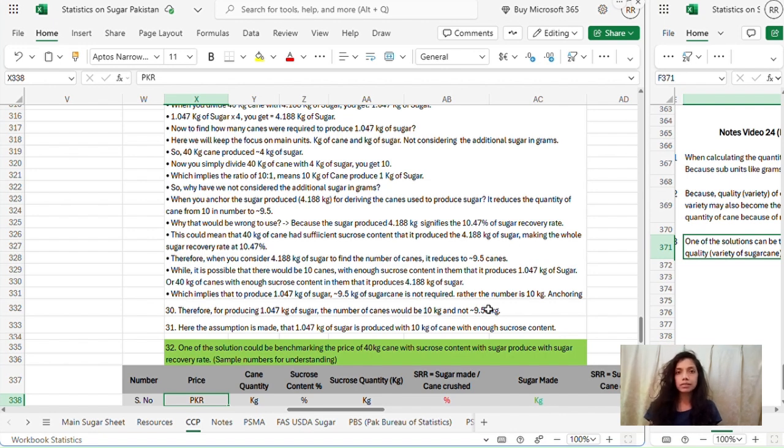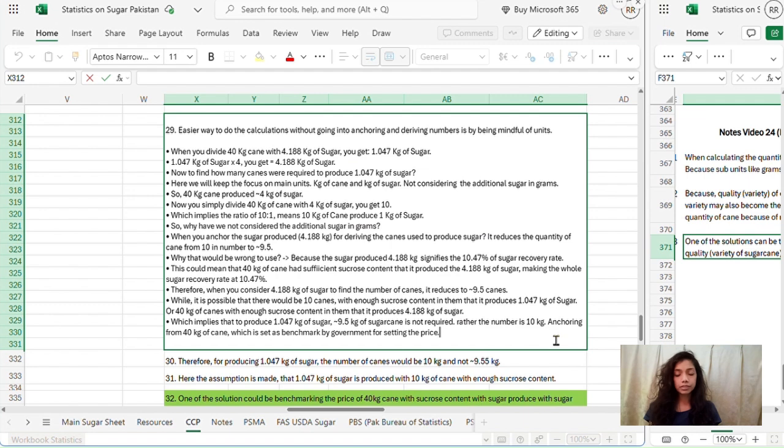Mostly nowadays this is 182 per 40 kg of sugarcane. So when we do calculations such as these, we try to keep the per kg sugar valuation with 10 kgs of sugarcane.